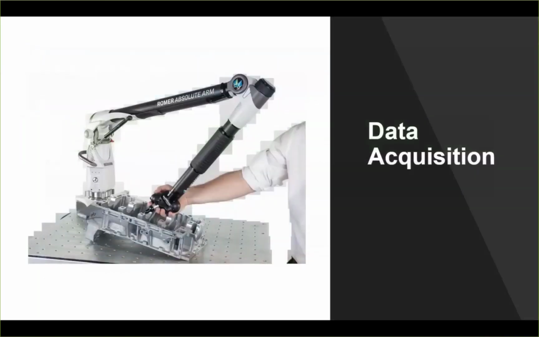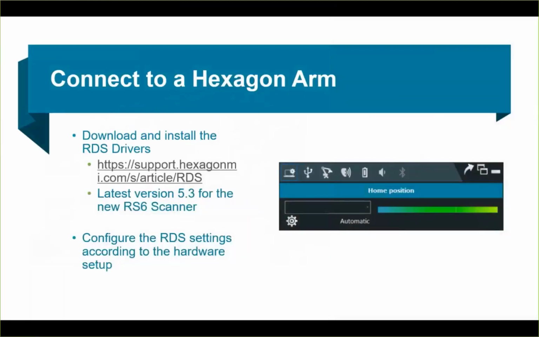Okay, so data acquisition. This could be scanning or probing, and you can do this directly into Designer. In order to connect to a hexagon arm, you need to download and install the RDS drivers. If you're using the latest RS6 scanner, you need the newest version of the drivers, which is 5.3.